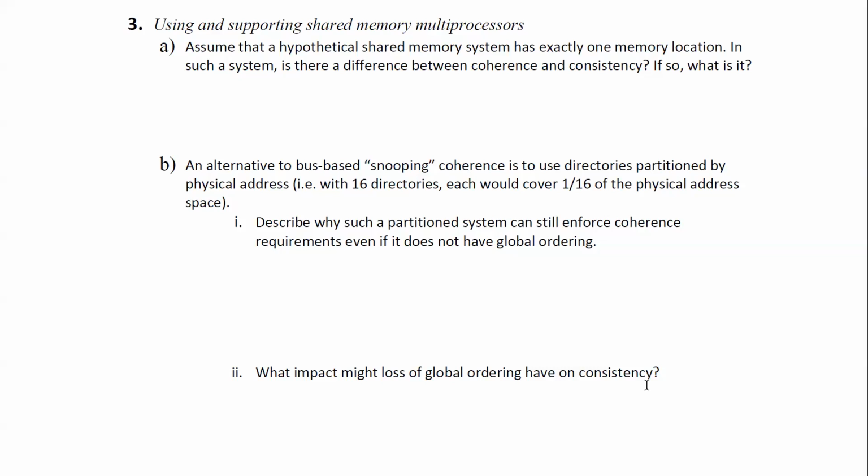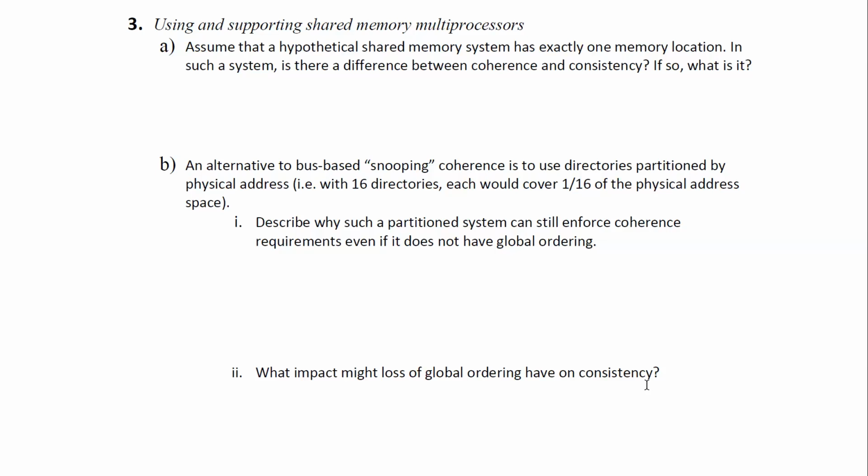Is there a difference between coherence and consistency? And if so, what is it? This will not be on your exam, this particular question, but it's good to think about.